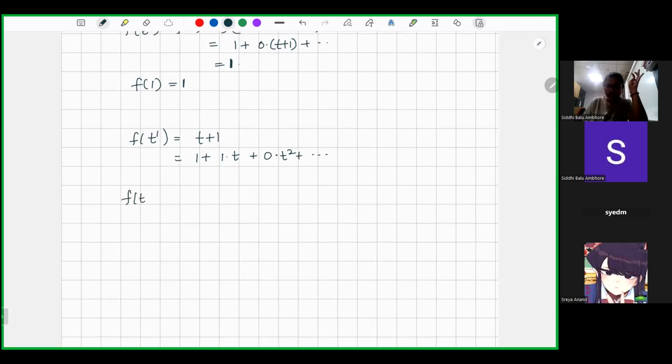Now f of t square will be (t plus 1) square. Okay. So now this is 1 plus 2t plus t square. So this is 1 times t^0, that is just 1, I'm writing here, plus 2 times t, plus 1 times t square.